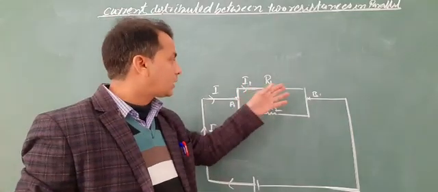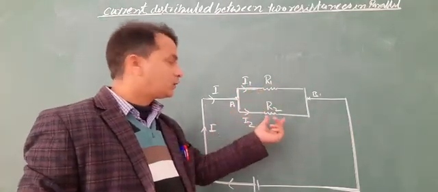Current I1 flows through R1 and current I2 flows through R2.